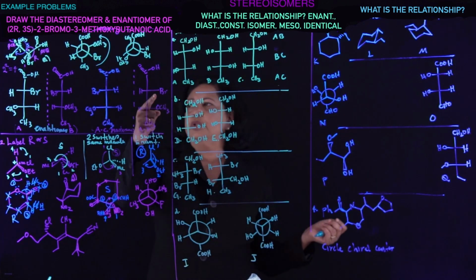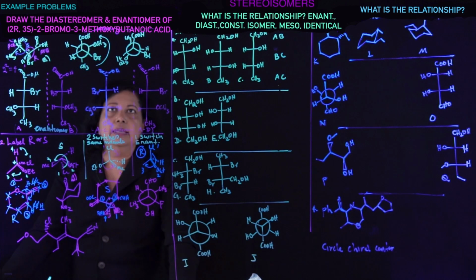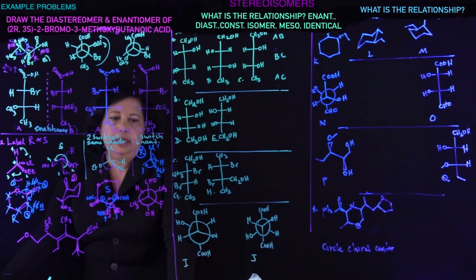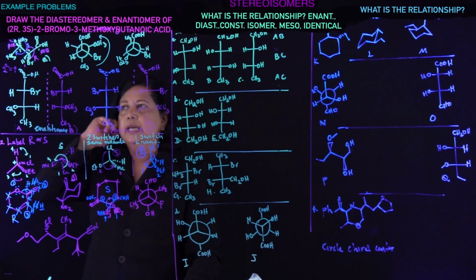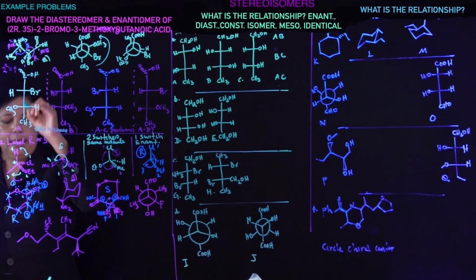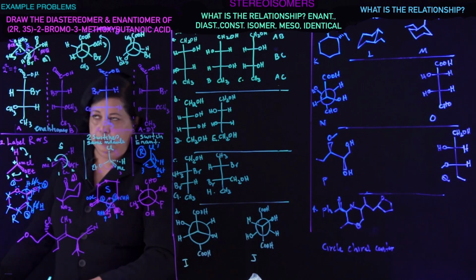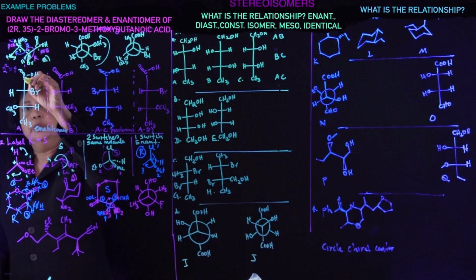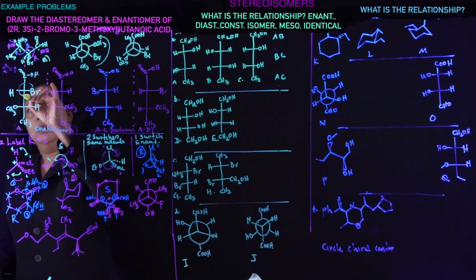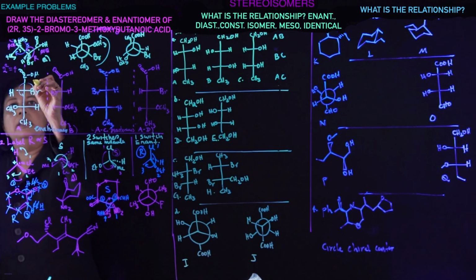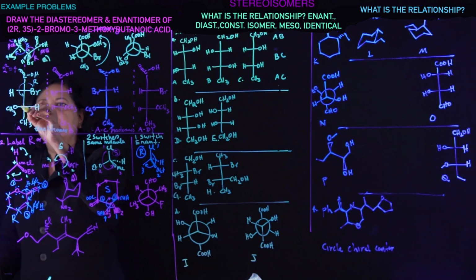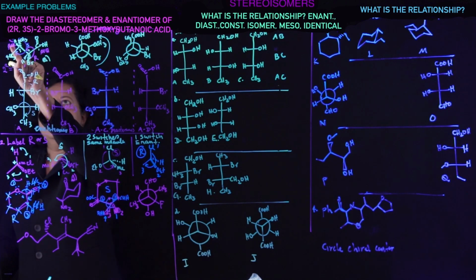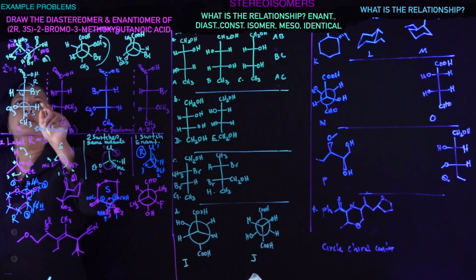You can draw it as a Fischer projection, and then the Fischer is a little easier to do as an R and an S. For example, here's the Fischer here, and you can see that if you want to do R and S, we can practice on this before we do that. 1, 2, 3, counterclockwise, hydrogen out is R, and 1, 2, 3, clockwise, hydrogen out is S. See, the R and S are perfectly reflected over here.